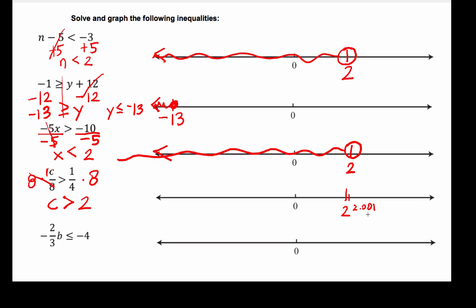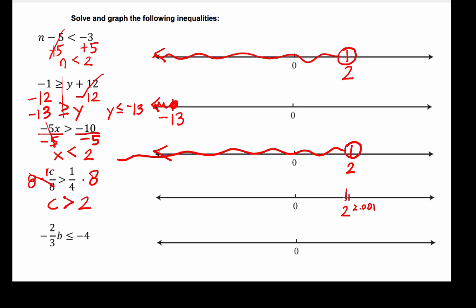Well, 2.001 is a solution to this inequality, C greater than 2. So I want to make sure that 2.001 is on the graph, meaning in the part where I draw the line. They call it shading, but we're not really shading, we're just drawing an arrow.